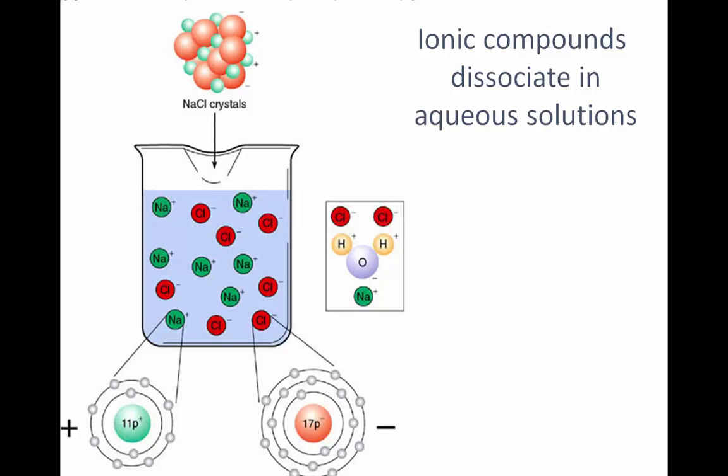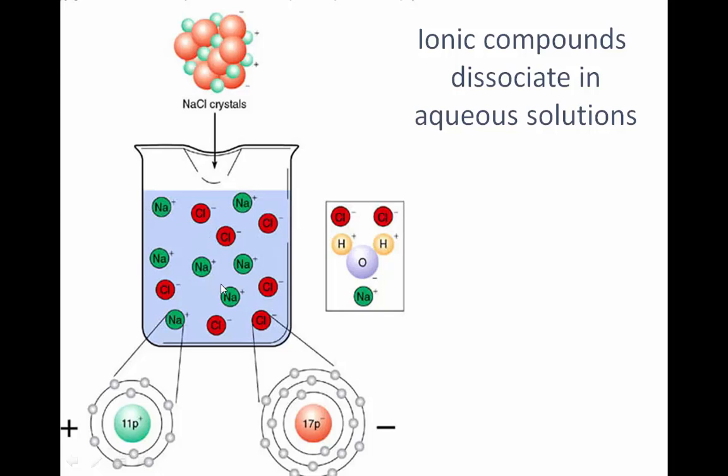Now what's interesting is when you use water as a solvent, and you put ionically bonded compounds into water, they dissociate. We say they dissociate in aqueous solutions. Aqueous solutions are water solutions. And that's because the little bit of charge on the water will sort of get in between the positive and negative charges of the ionically bonded chemicals.